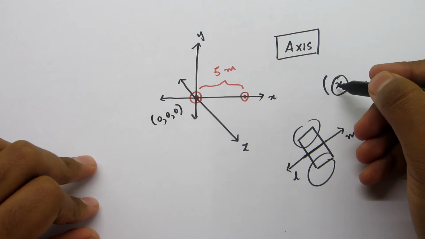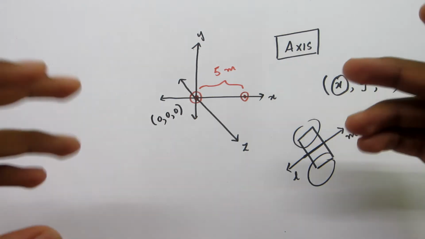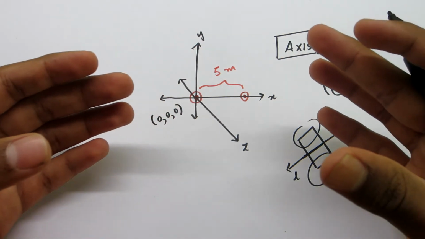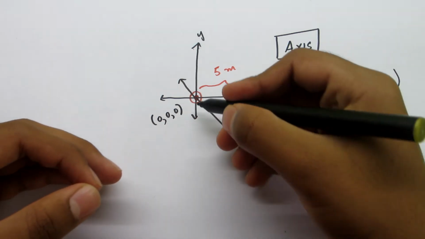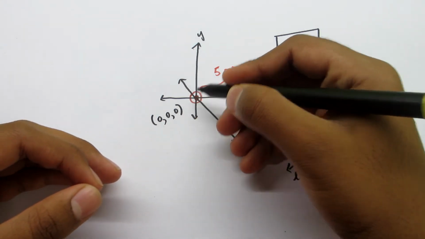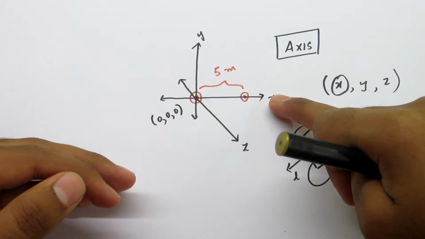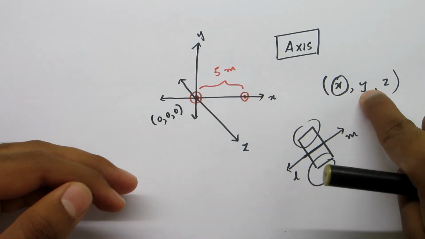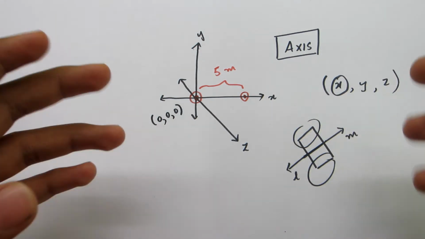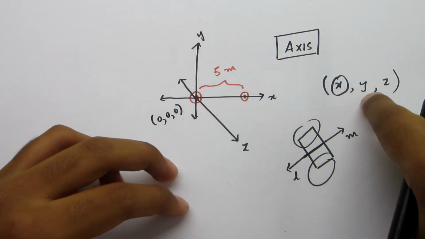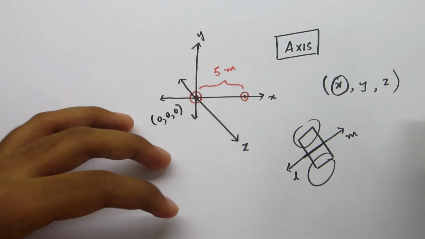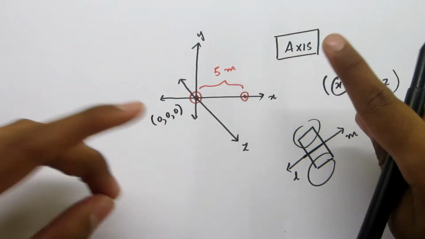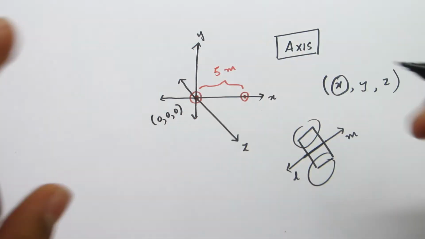The first number tells you how far away an object is from the origin, from the point of coincidence, along the line x. Similarly, the y and z numbers tell you how far a person is along the line y and along the line z, all with respect to this one point of coincidence.